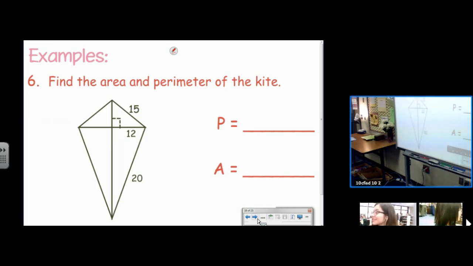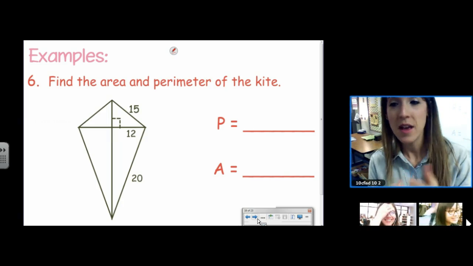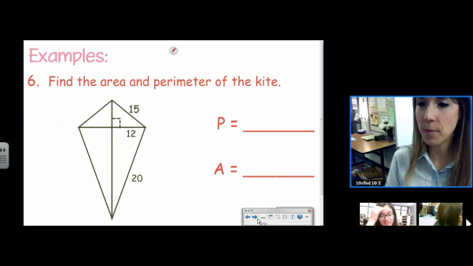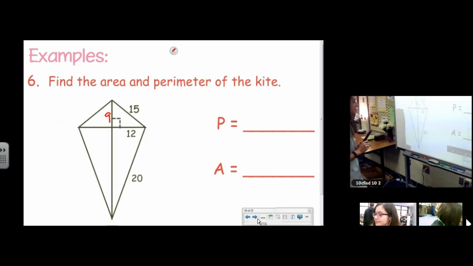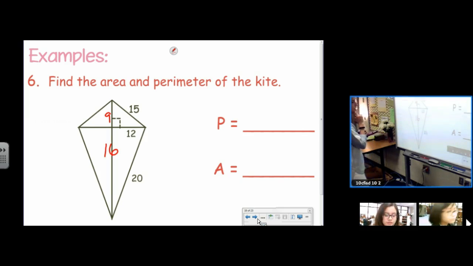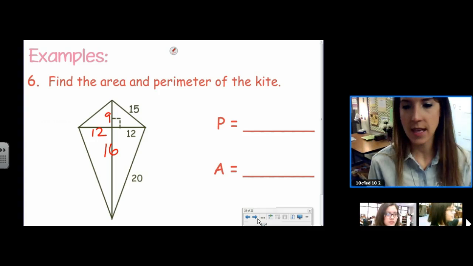Great news about the diagonals being perpendicular is that you're allowed to use Pythagorean theorem, and Miss Stanton usually puts Pythagorean triples in there. So this is 9, 12, 15. This is 12, 16, 20. In a kite, remember, one of the diagonals bisects the other.